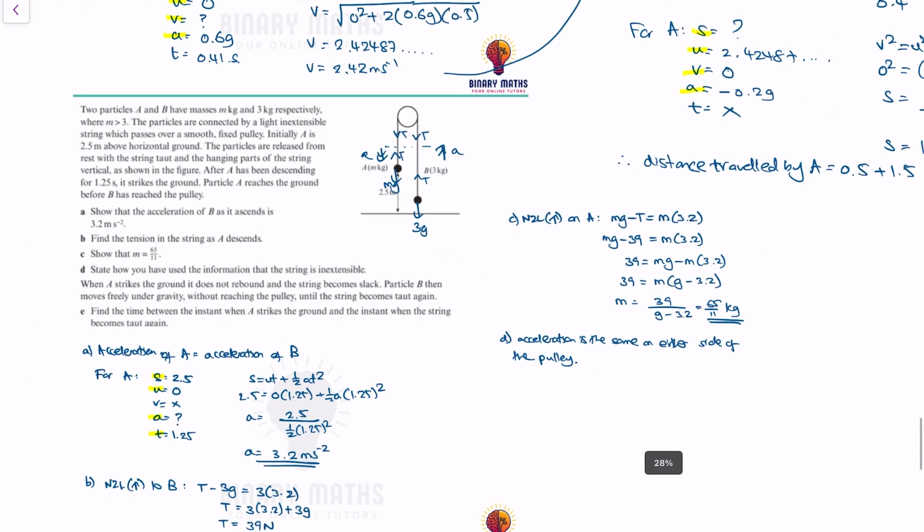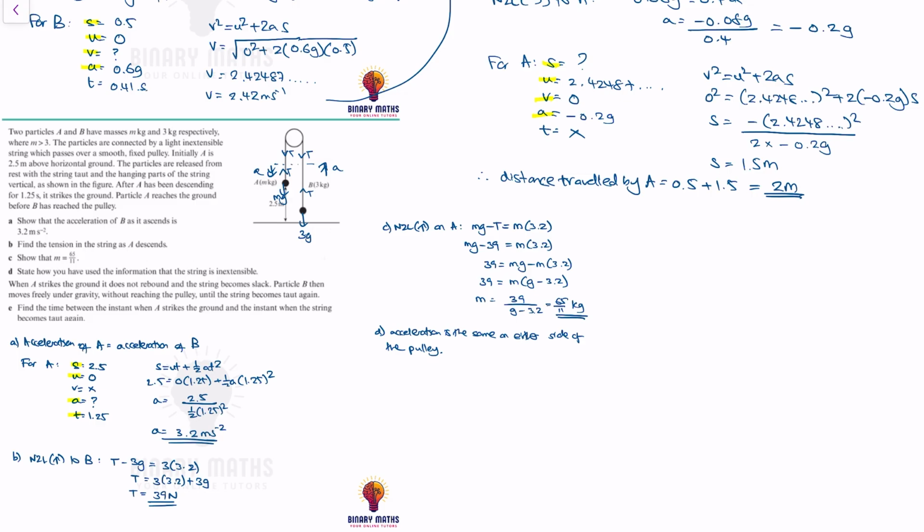Okay, so the last part: when A strikes the ground, it does not rebound and the string becomes slack. Particle B then moves freely under gravity without reaching the pulley until the string becomes taut again. Find the time between the instant when A strikes the ground and the instant when the string becomes taut again. So what happens to B after A hits the ground?